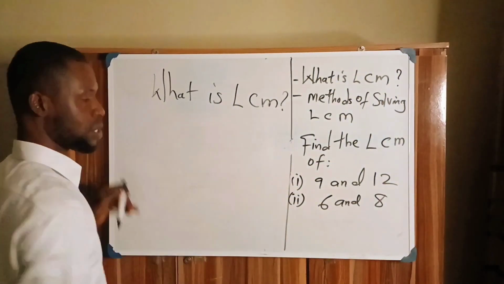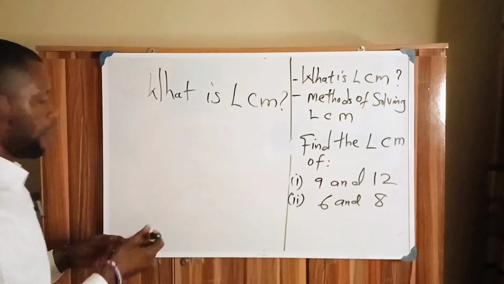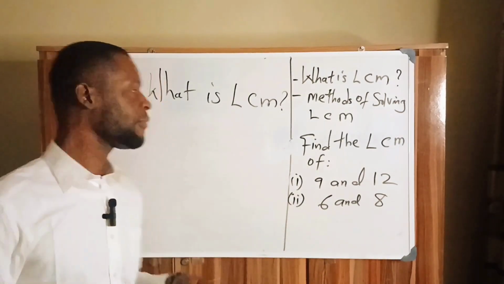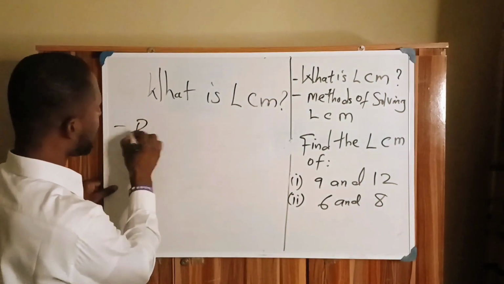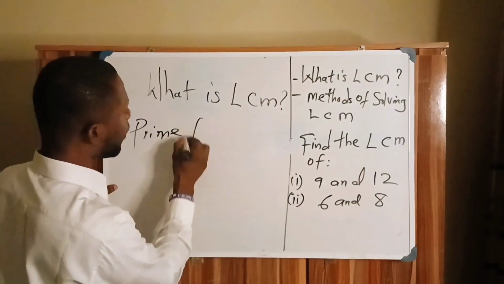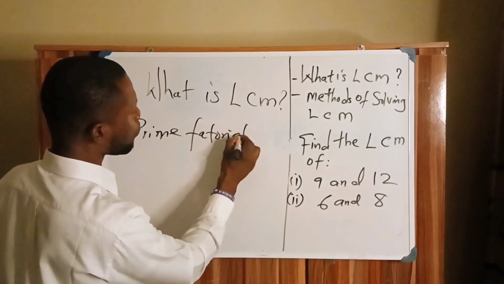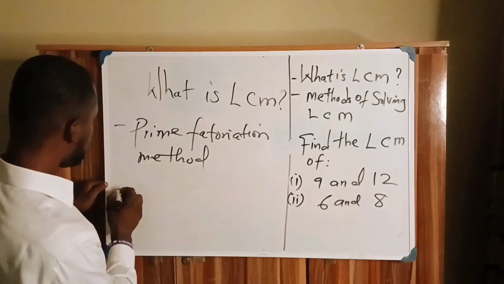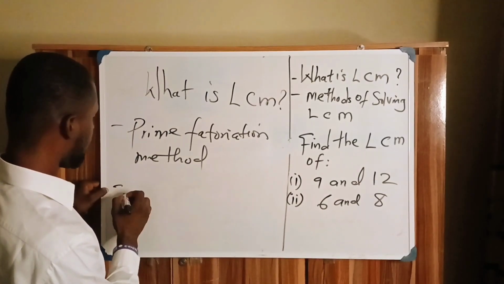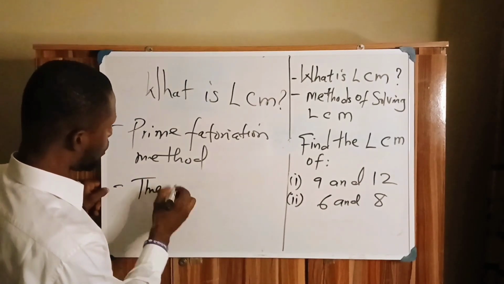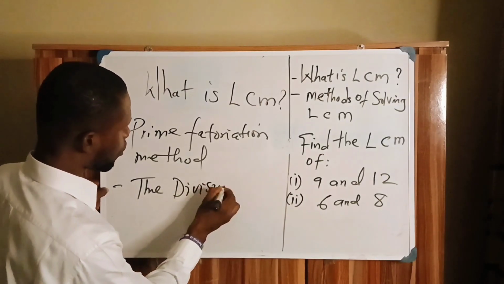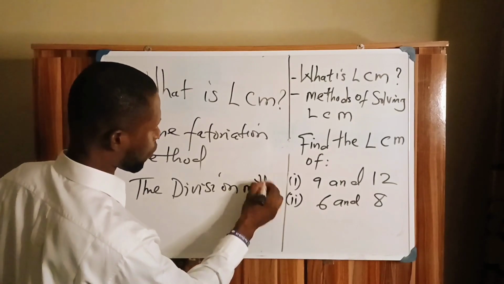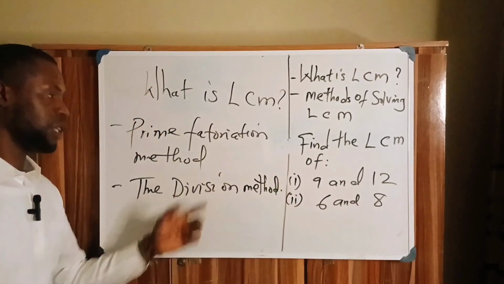That will now lead us to the methods of solving LCM. We have two methods of solving LCM. We have the prime factorization method, and then we also have the division method.